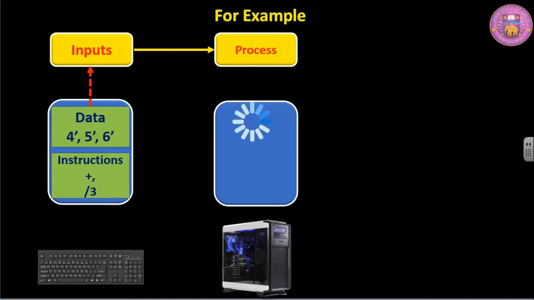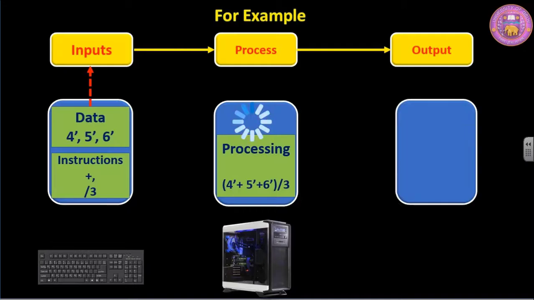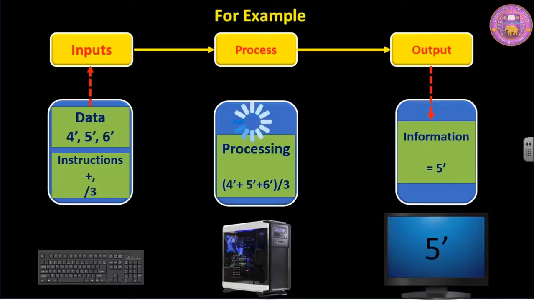CPU starts processing it and it shows 4 feet plus 5 feet plus 6 feet divided by 3. These are the instructions which are carried out by the processor. Once these instructions are processed, it results in output, and the output is in the form of information. We get the information as result: 5 feet, and this result is shown on the monitor.